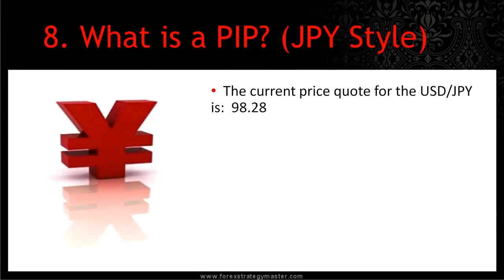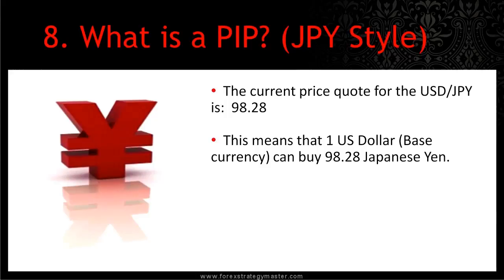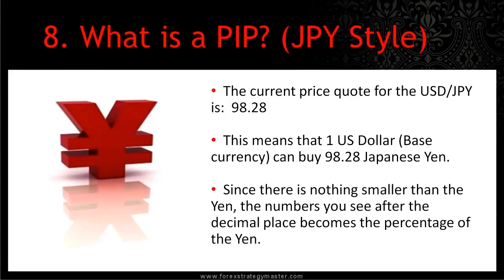The current price quote for the US dollar Japanese yen is 98.28. This means that one United States dollar, being the base currency, can buy 98.28 Japanese yen. Now, since there's nothing smaller than the yen itself, the numbers you see after the decimal place become the percentage of the yen.